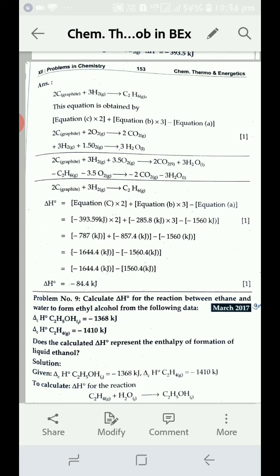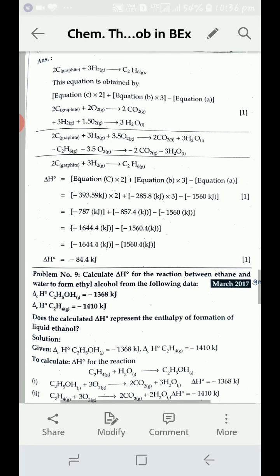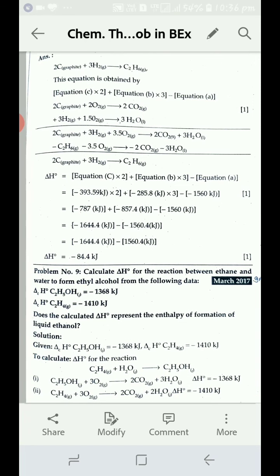That is the formation of ethyl alcohol. Then write down the combustion equation. C2H5OH plus 3O2 gives 2 CO2 plus 3 H2O, and that combustion value is given. Similarly, write down the combustion of C2H4: C2H4 plus 3O2 gives 2 CO2 plus 2 H2O, and the combustion value is given for that equation also.